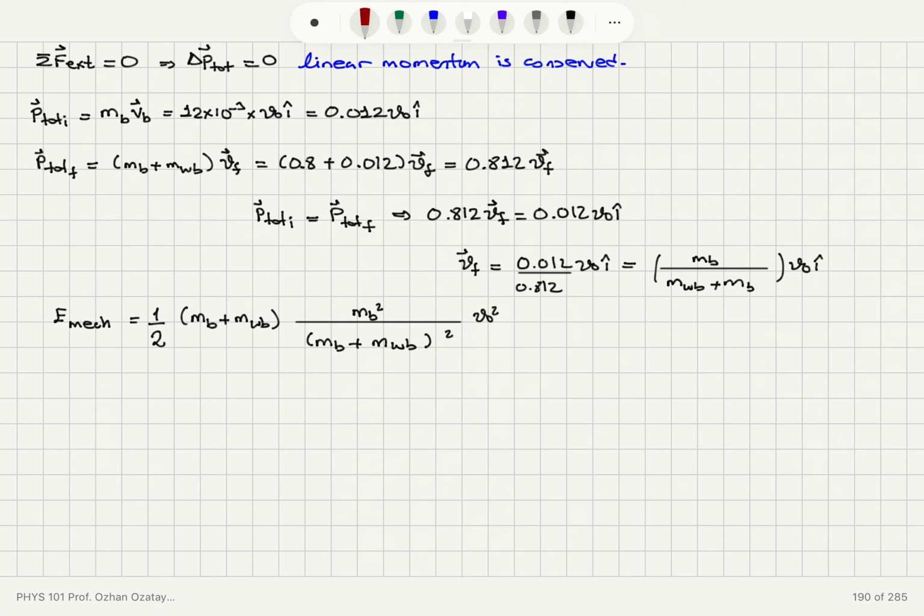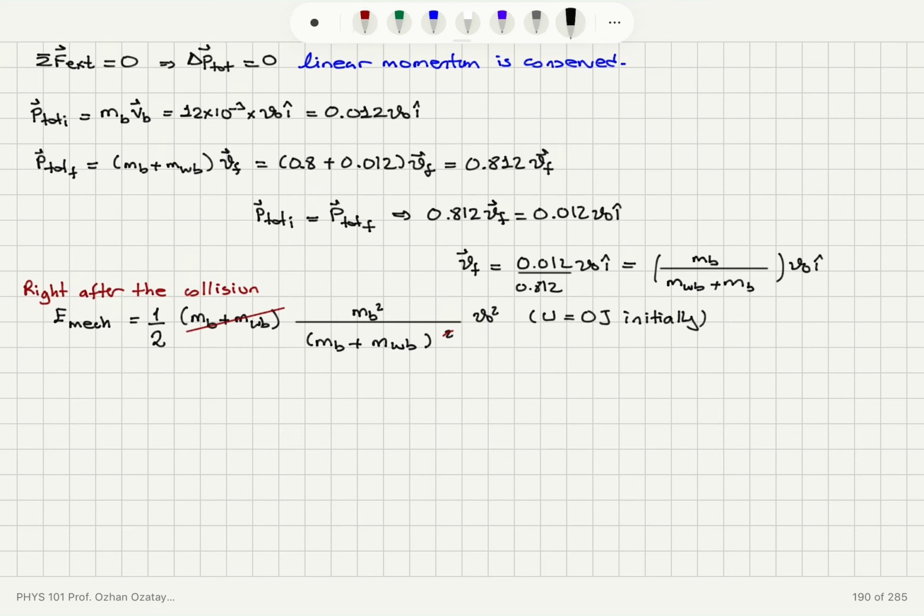So we have cancellation of one of the total masses, and we see that initially the potential energy is 0. So this is the mechanical energy of the system right after the collision.